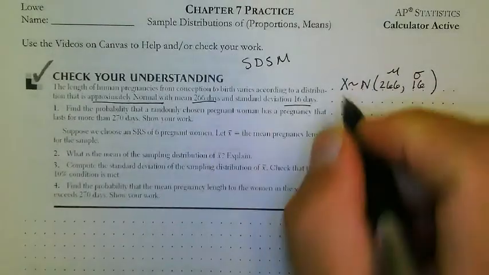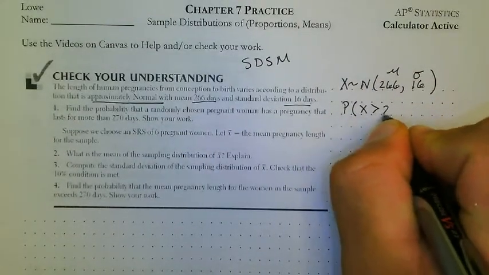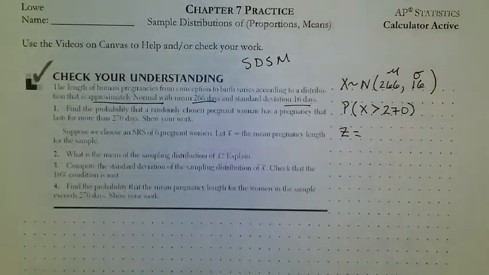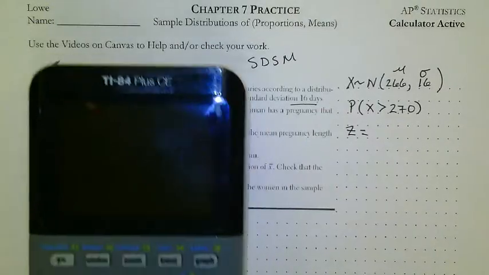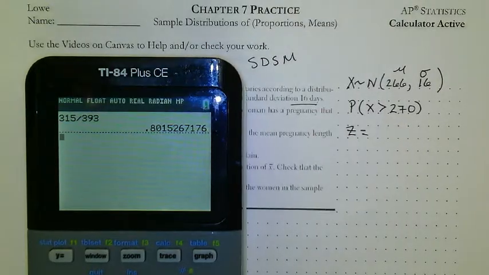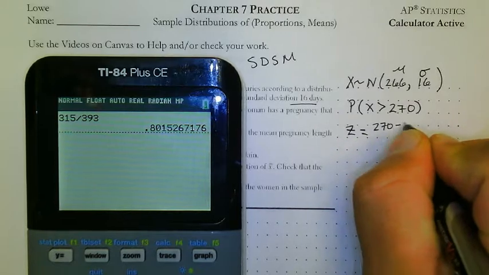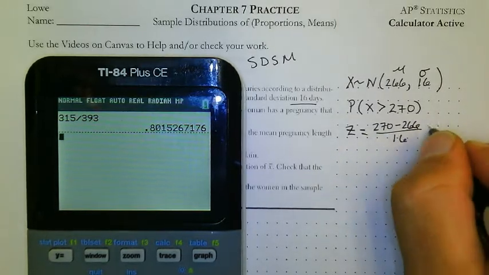Okay, find the probability that a randomly chosen pregnant woman has a pregnancy that lasts for more than 270 days. So this is the probability that X is greater than 270. If we compute the z-score, not too hard to set up, the z-score is going to be 270 minus 266 all over 16.